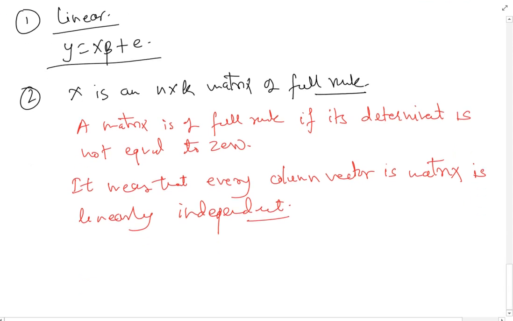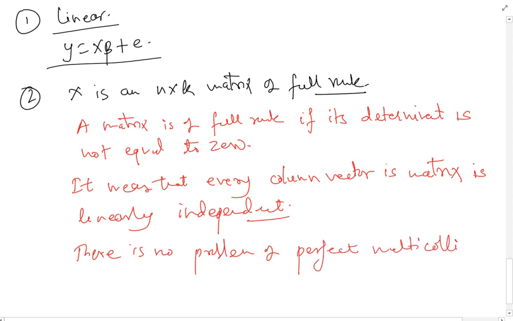So if a matrix is of full rank, then we can also say that there is no problem of perfect multicollinearity. So these are the three main requirements, or conclusions, from the full rank concept. The first is that a matrix is of full rank if its determinant is not equal to 0, or the matrix is not singular.